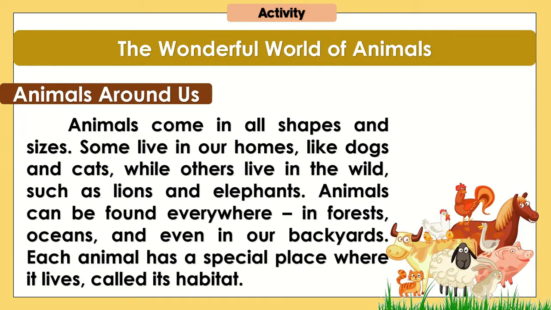Some live in our homes, like dogs and cats, while others live in the wild, such as lions and elephants. Animals can be found everywhere, in forests, in oceans, and even in our backyards. Each animal has a special place where it lives, called its habitat.